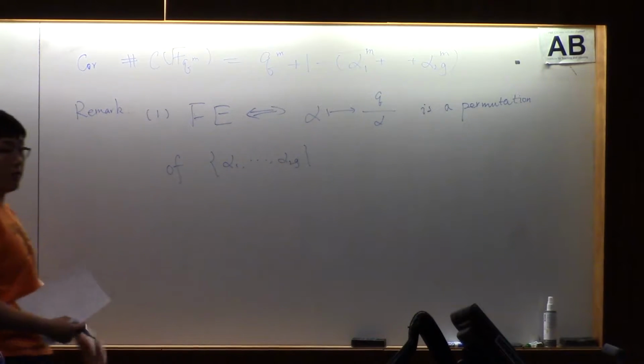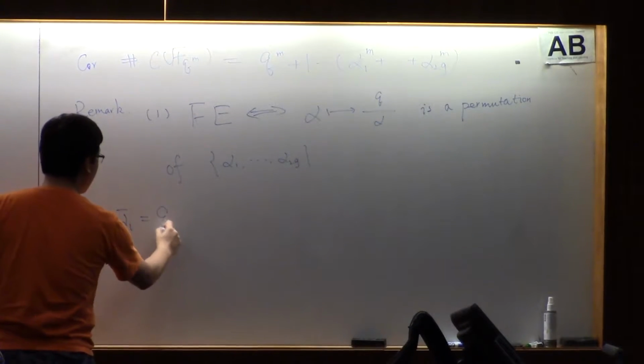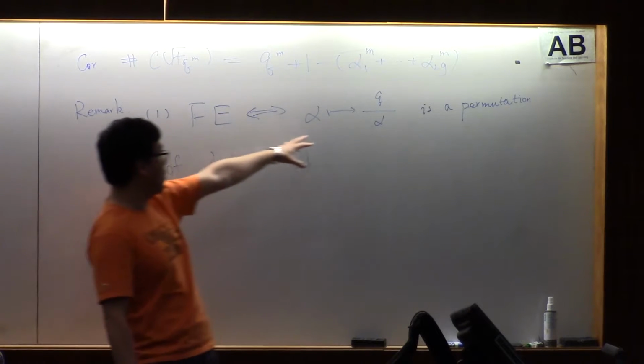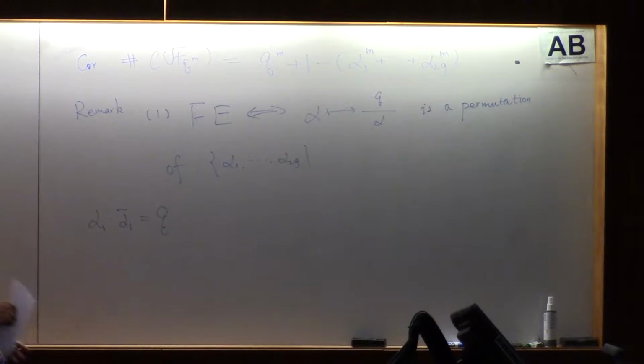Because if you know the Riemann hypothesis, you know that alpha i times alpha i bar is equal to q. And also, this is a polynomial with integer coefficients. So if alpha i is the inverse of a root of this polynomial, then its complex conjugate is also the inverse of a root of this polynomial. But if you don't know the Riemann hypothesis, the functional equation just tells you that this map permutes these 2g numbers.